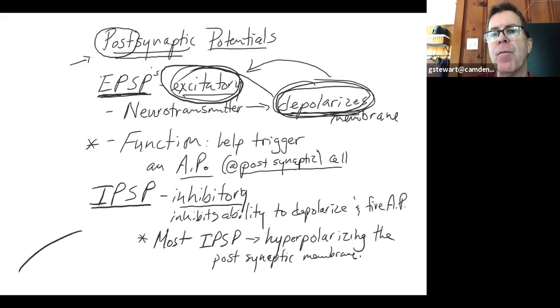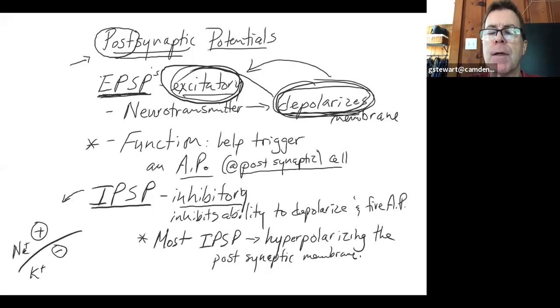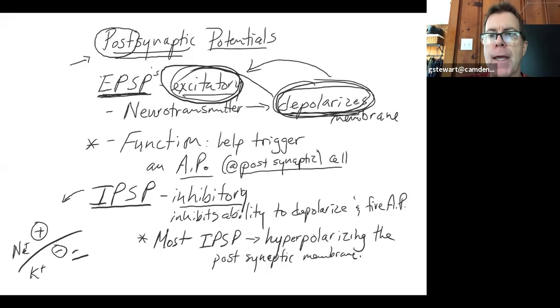So remember, if we have a membrane here, sodium out, potassium in, it's polarized, positive out, negative in. An inhibitory postsynaptic potential, when it releases its neurotransmitter onto this cell, would make this more negative and this more positive, taking it away from depolarizing.